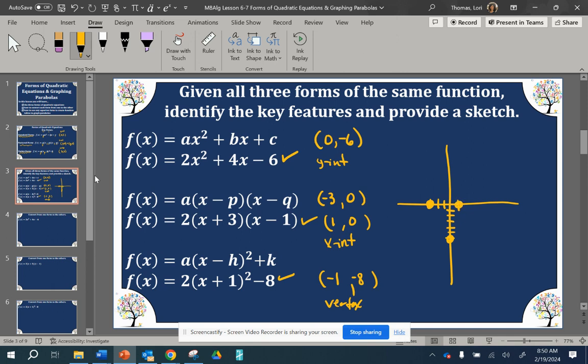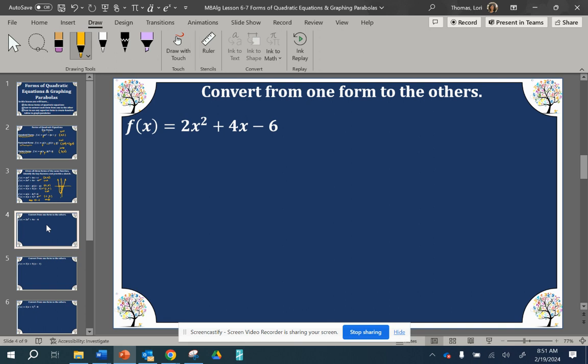We have a vertex of (-1, -8). We can also identify our AOS, which is the x-coordinate of our vertex, -1. We can sketch in that symmetrical line. And now we have a nice sketch of our parabola, given all three forms of the same function.